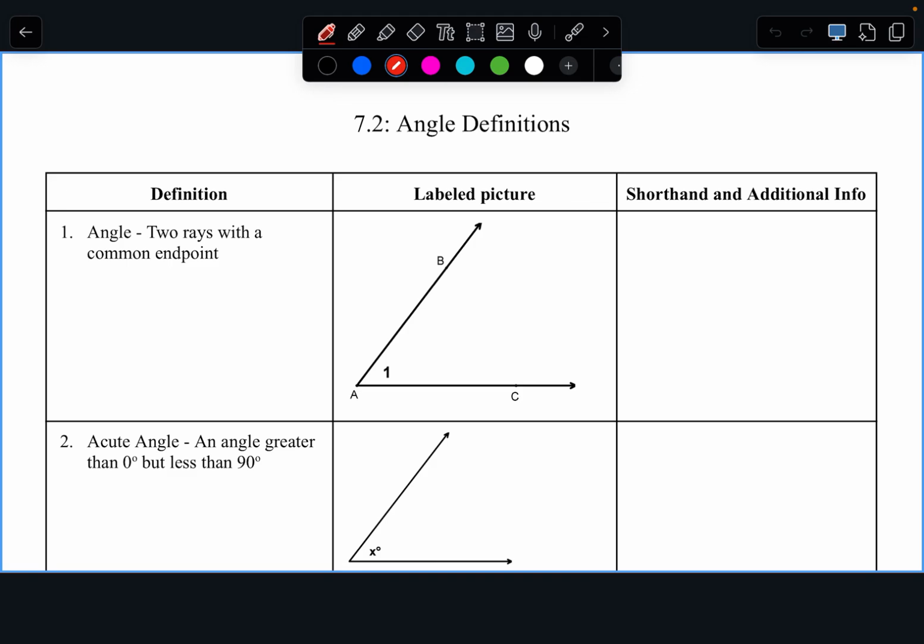So an angle is two rays with a common endpoint. Remember, a ray has an endpoint and one other side that extends on forever.